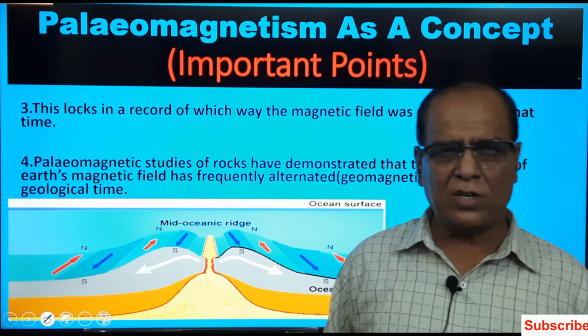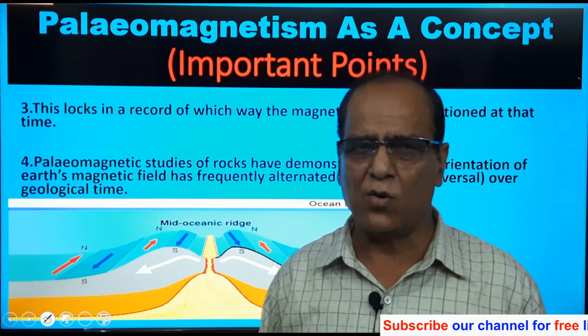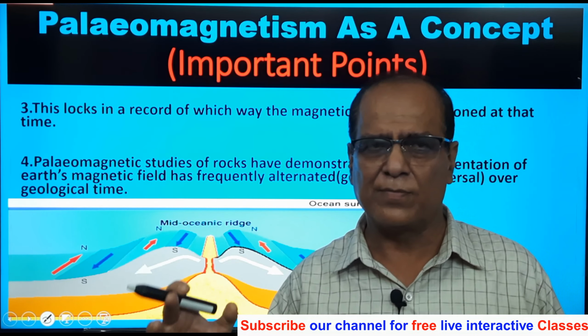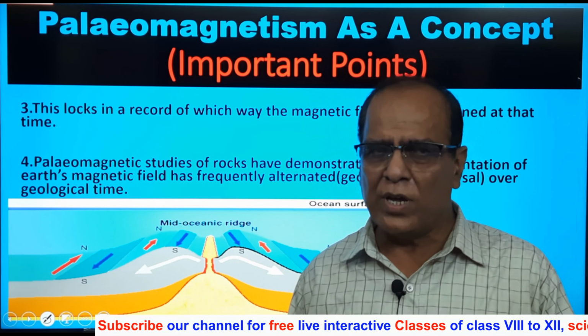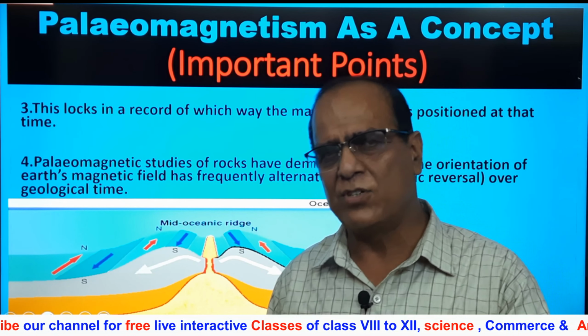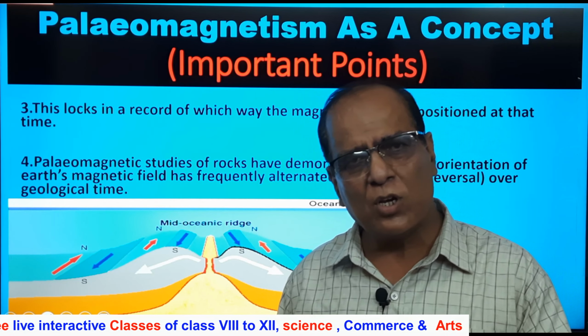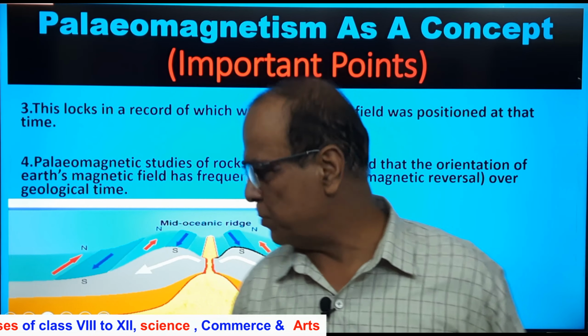What happens actually is that after a 7.8 lakh years span of time, the magnetic field flips, changes completely. Today, if it is showing towards north, then after 7.8 lakh years it would be showing towards south. So this way the reversal takes place.